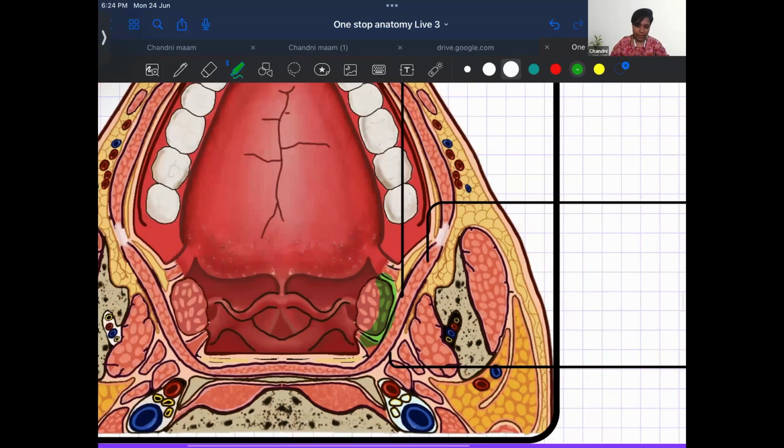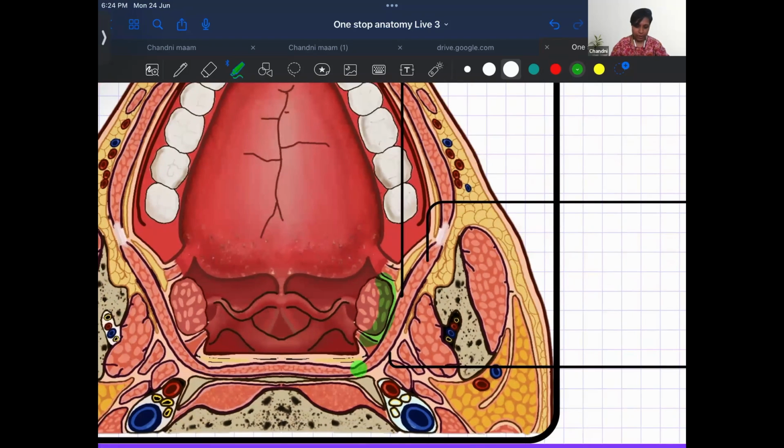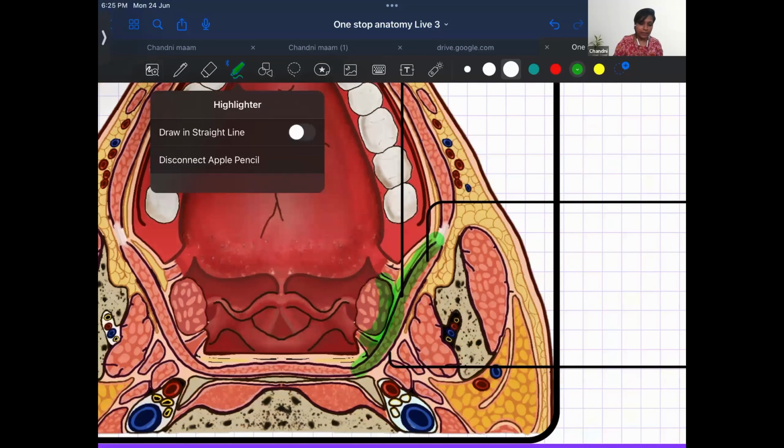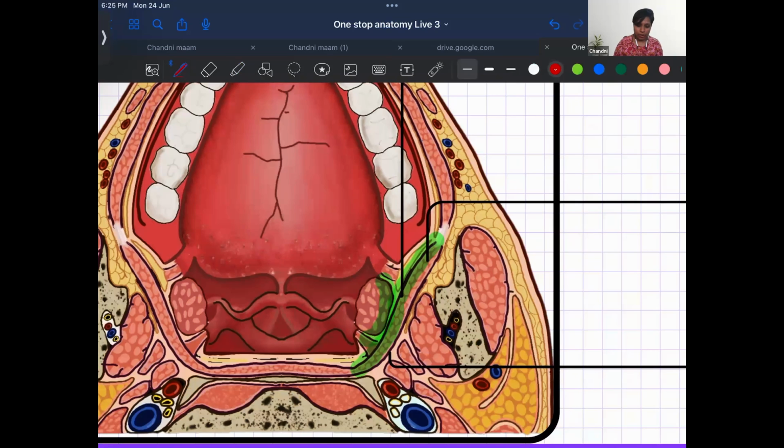Because it goes from the inside of the pharynx to the base of the skull, this inner layer is called the pharyngobasilar fascia. This fascia lines the inner surface of the superior constrictor muscle. So that is this black line here.